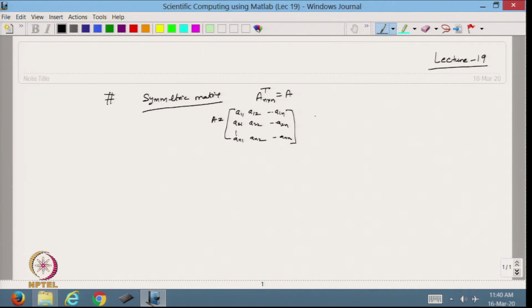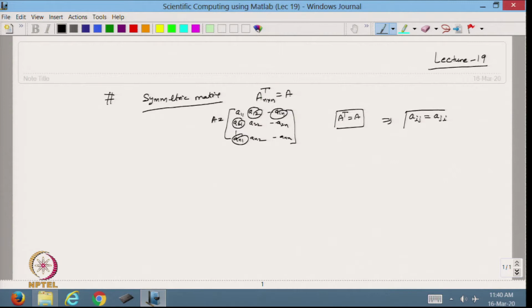If I take the transpose of A, and it is equal to A, that gives me that Aij should be the same as Aji. So this element and this element should be the same.